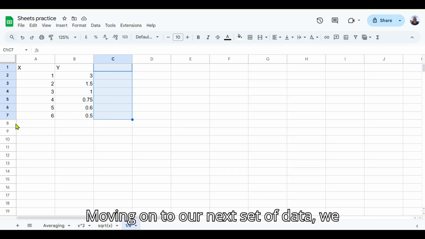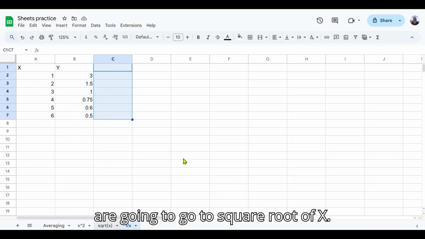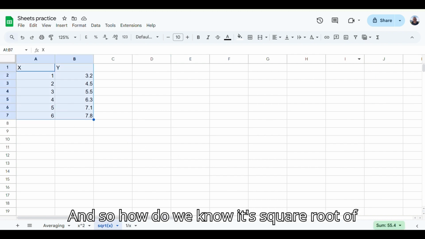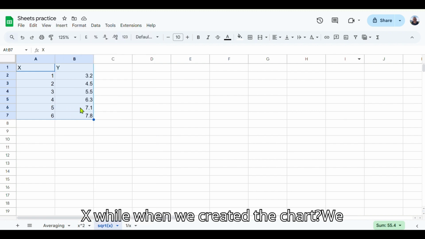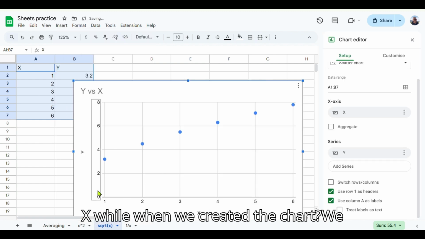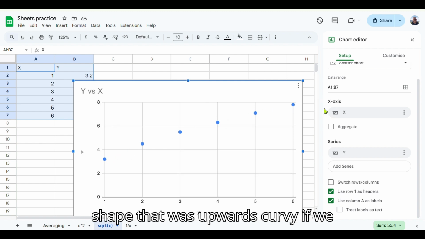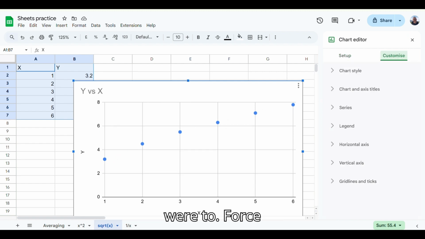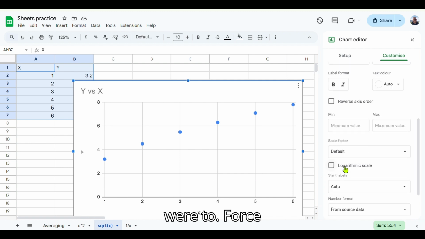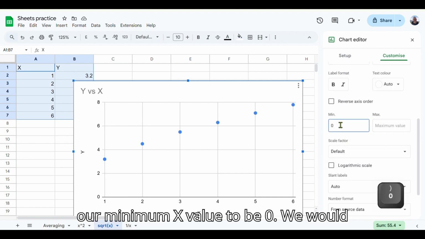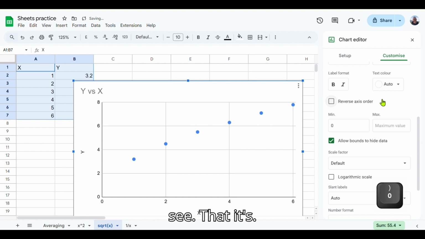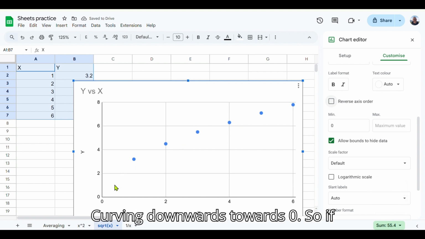Moving on to our next set of data, we are going to go to square root of x. And so how do we know it's square root of x? Well, when we created the chart, we saw that it had some sort of upwards curvy shape. If we were to force our minimum x value to be 0, we would see that it's curving downwards towards 0.